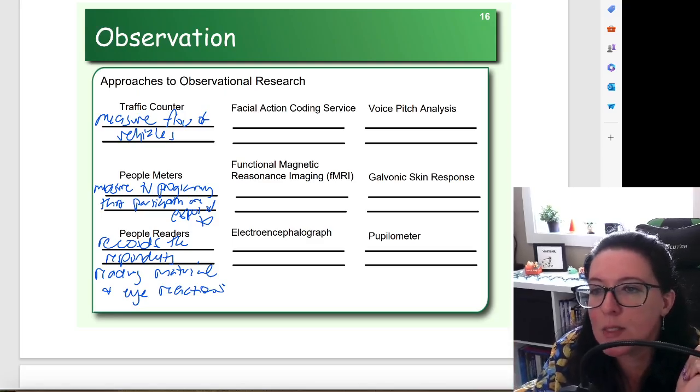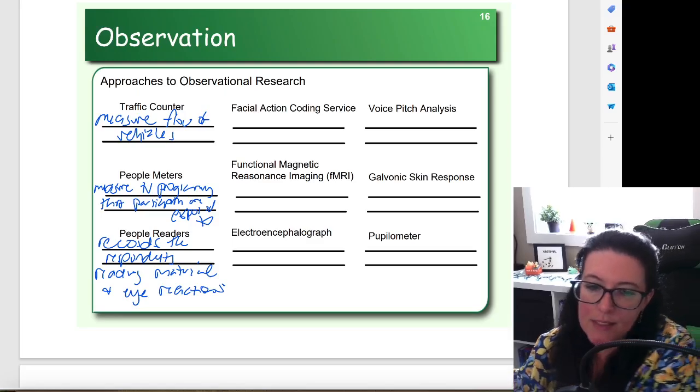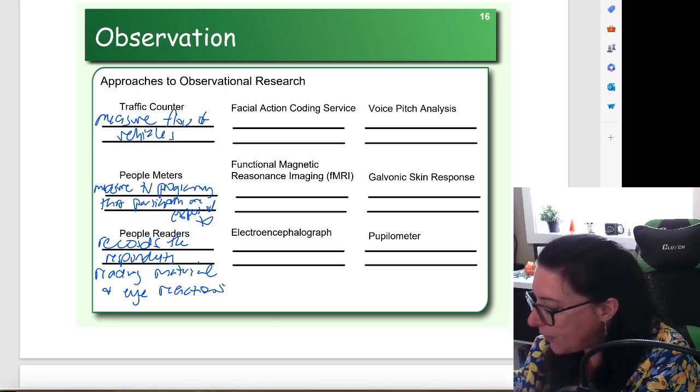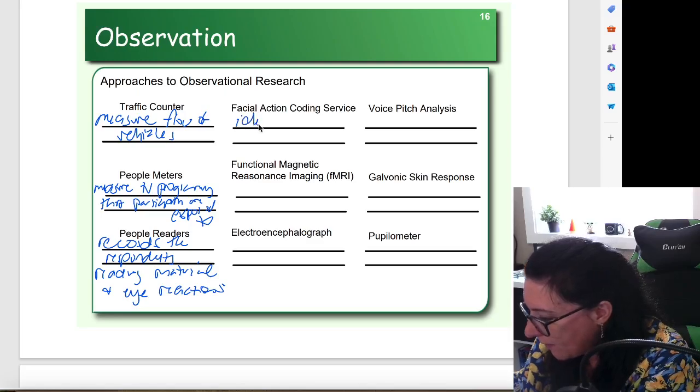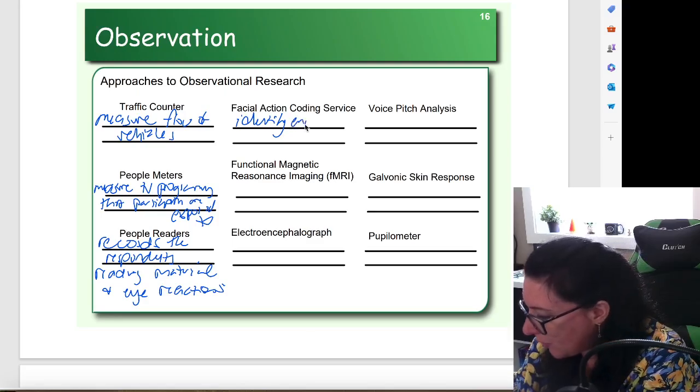Okay. The next one we have here is facial action coding. And this is where we use computers to identify emotions based on facial expressions.